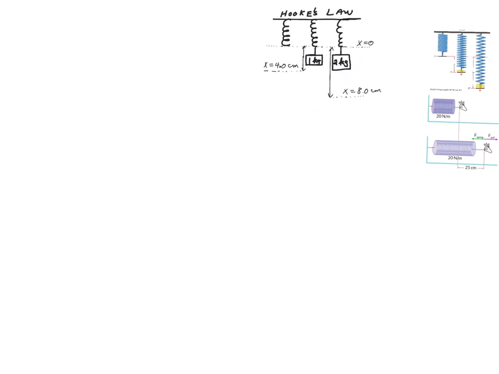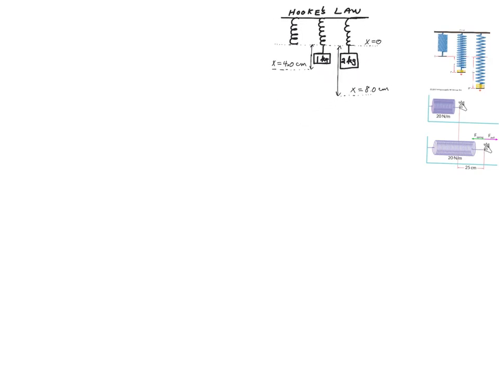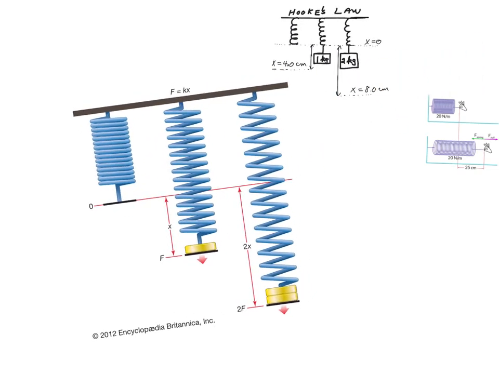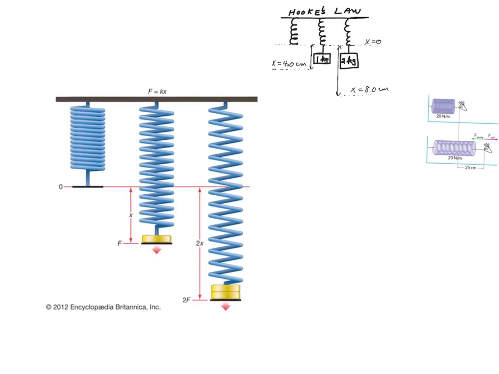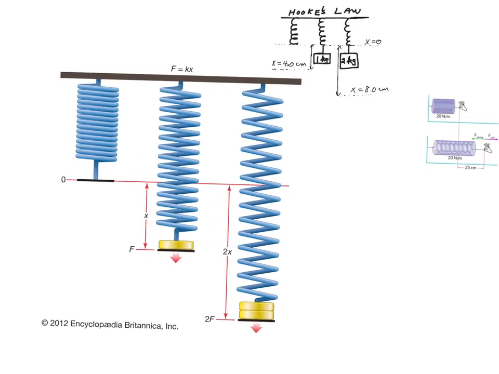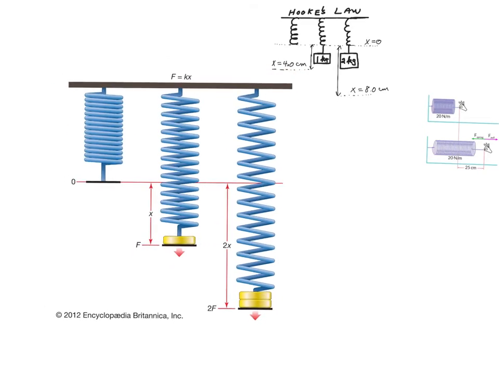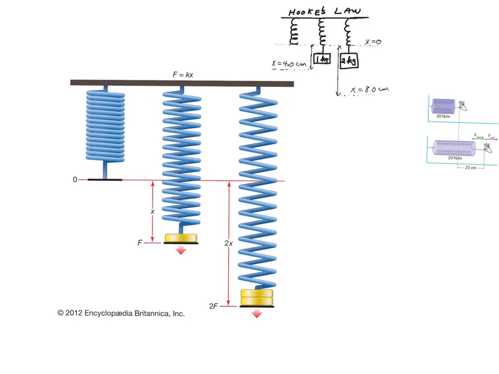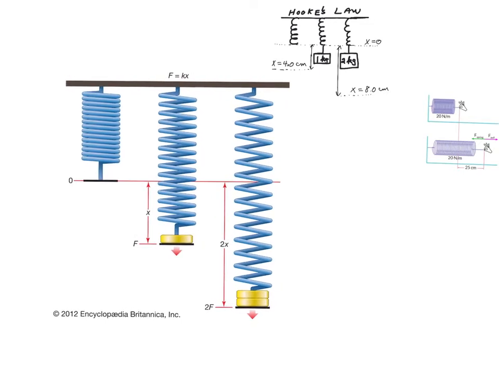Since I have this diagram from the internet, I'll show you. Right? This is just what we described. And since I put it here, I might as well use it. Okay, that's what I drew. And it shows the stretch of the spring measured to the bottom of the mass hanger. Okay?